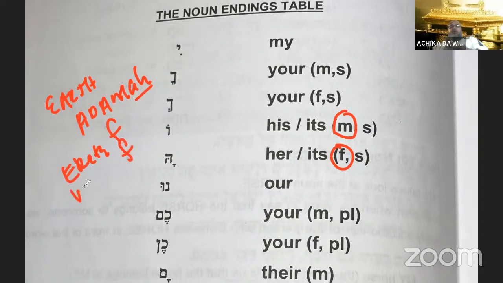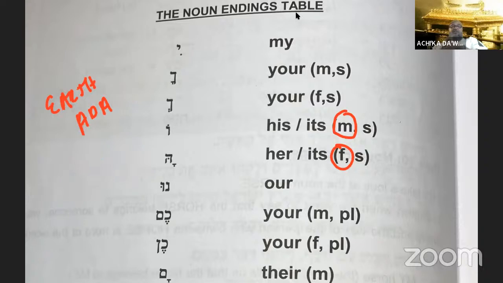When you have water, that is what? Mayim. It has a masculine ending. It's masculine. You understand? So Yah uses masculinity and femininity through everything. So there's a lot of verbs that are masculine. There's verbs that are feminine, just like male and female. Okay, both people and animals and everything.